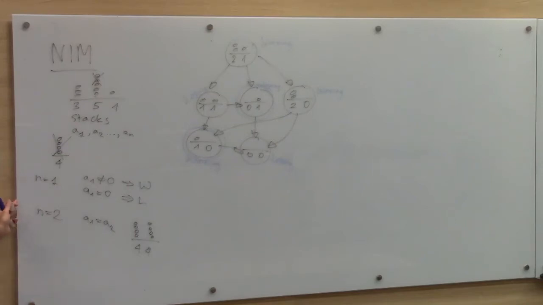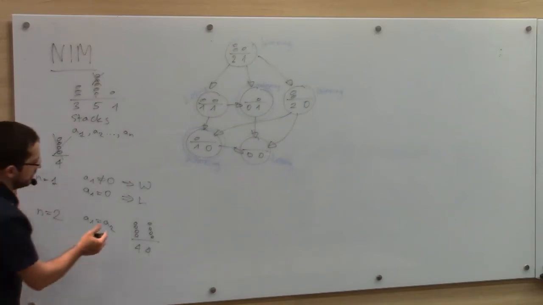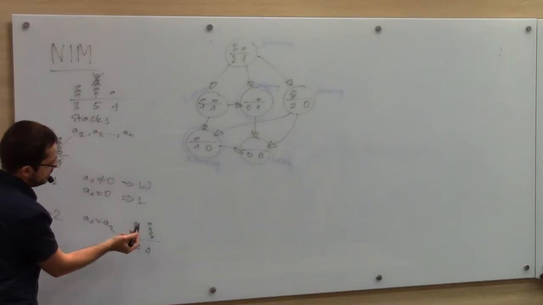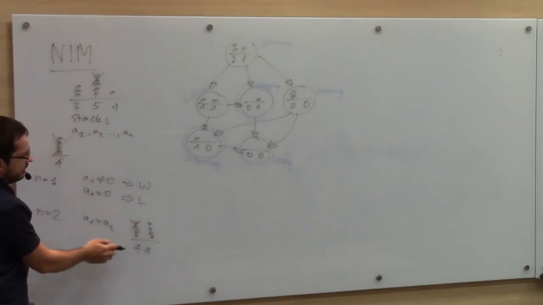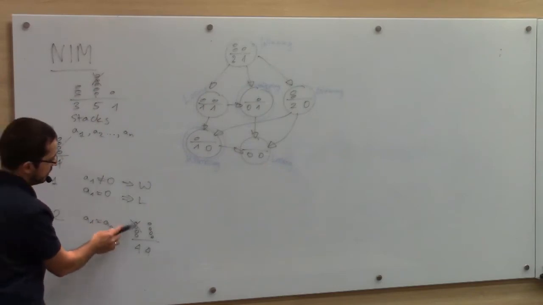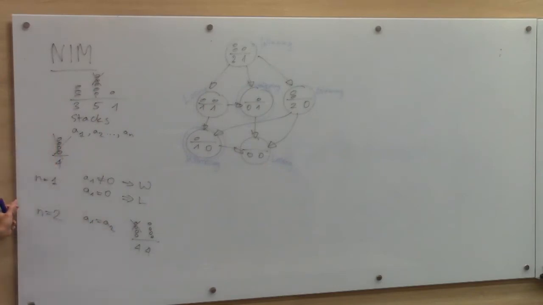So you can see here that if the first player makes any move, for instance, remove two tokens or two coins from the first stack, the second player can repeat the same move on the second stack. So it's like stealing the strategy.